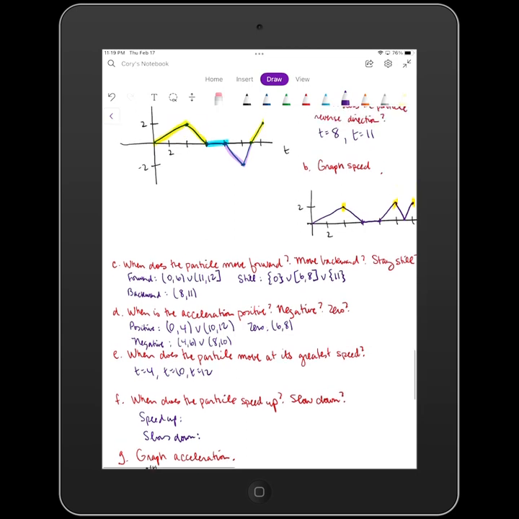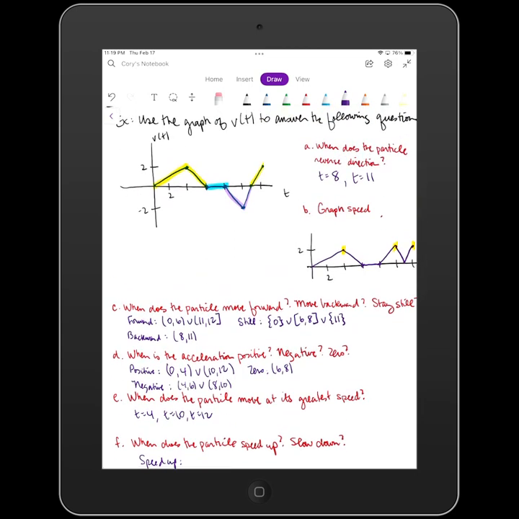Okay, so if we go and look at the graph of velocity, velocity and acceleration are going to have the same sign when both are positive, or both are negative.